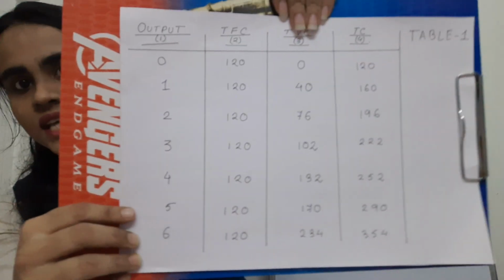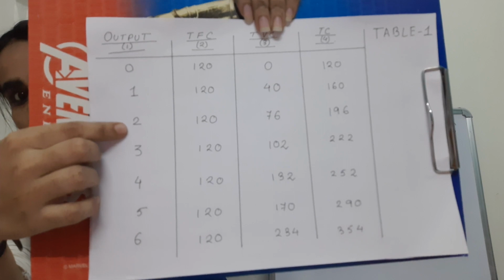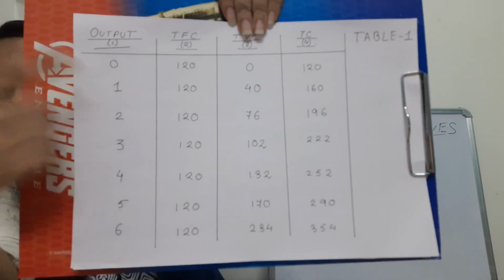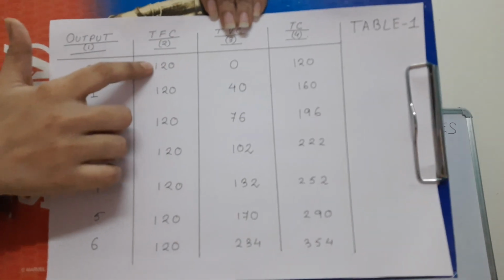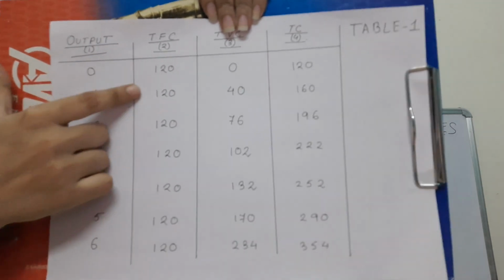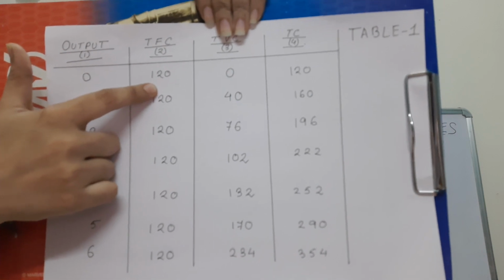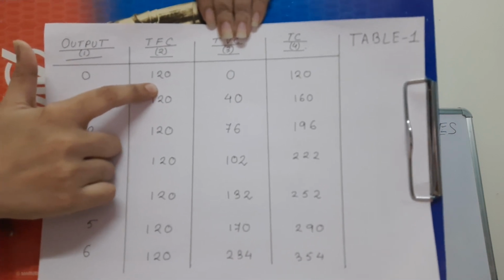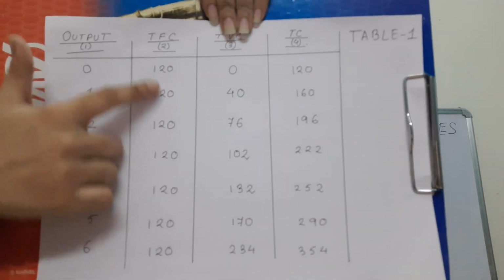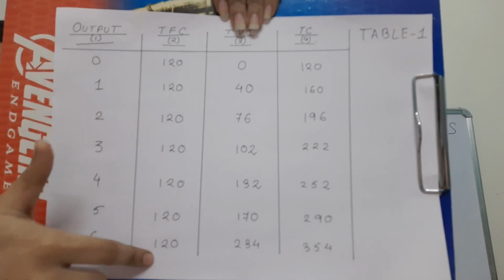In table 1 there is output, which starts from 0, 1 unit, 2 units, 3 units up to 6 units, and the total fixed cost in column 2 is 120. When the production output is 0 units, it is 120, because a firm has to pay its fixed amount of cost in the production process. When output is 0 it is 120, when 1 it is 120. For the whole production process it will be the fixed amount.